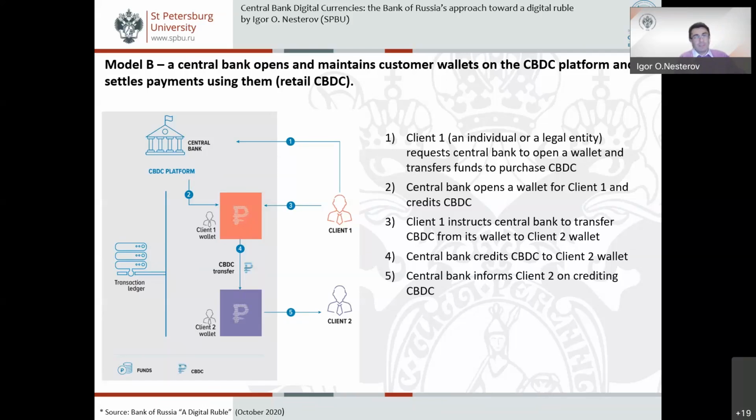These wallets are then used for settlements between individuals and companies. And it's quite important, I'd say, a key note for this type of model: all these settlements are provided by the central bank without any involvement of banks or any other financial intermediaries.